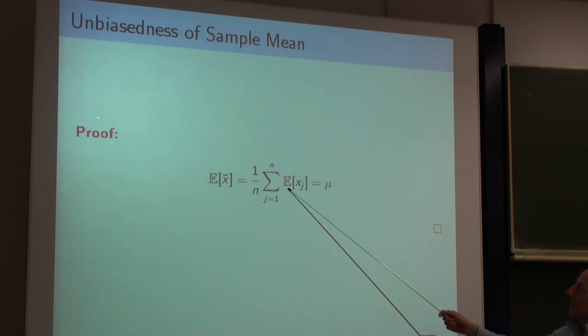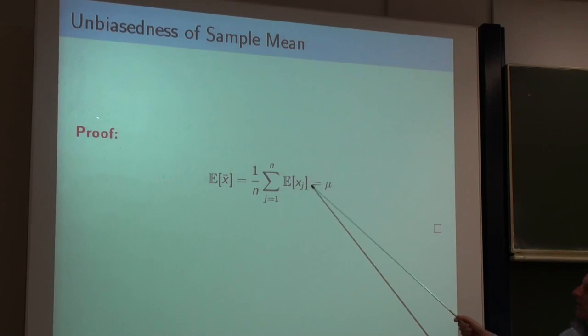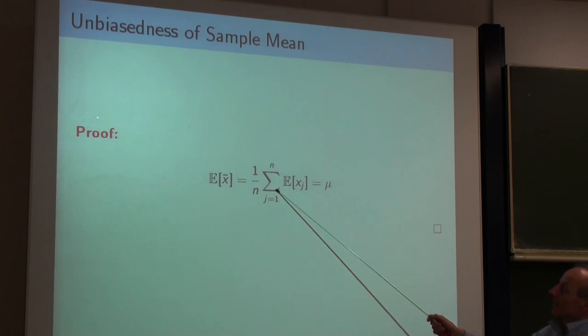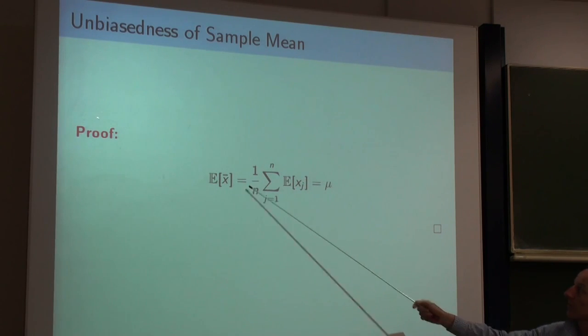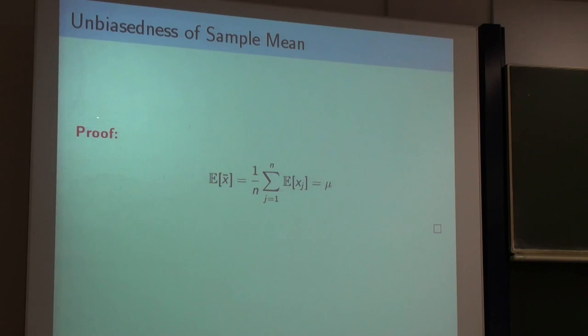Now what is the expected value of all our variables x_j? It's of course mu. So we have 1 over n times the sum j equal 1 to n of mu, and you see this is then constant. We can pull it out, and then this gives us mu. So this proof is very easy.